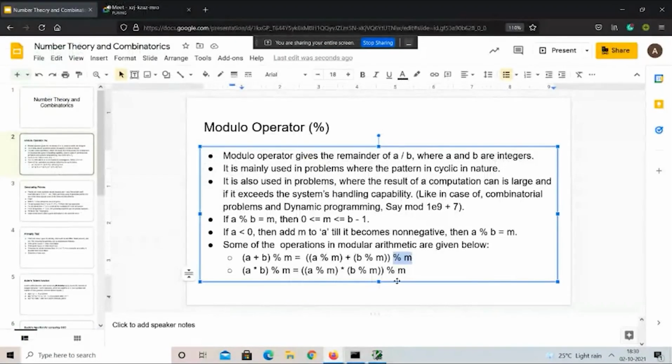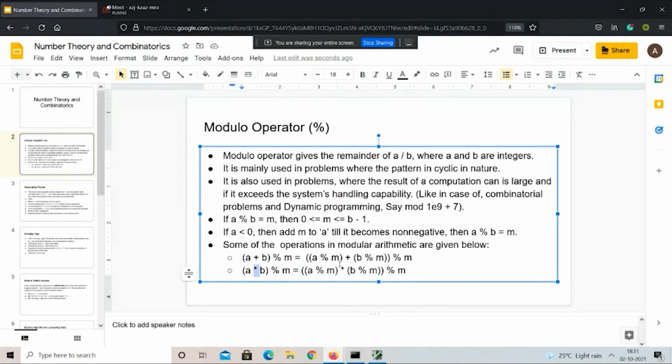If you're from computer science, you will have a subject called cryptography in your second last semester, where some insight will be given on this.